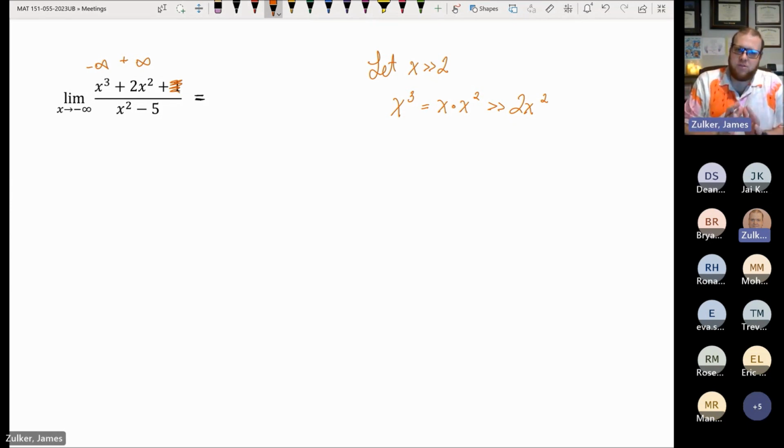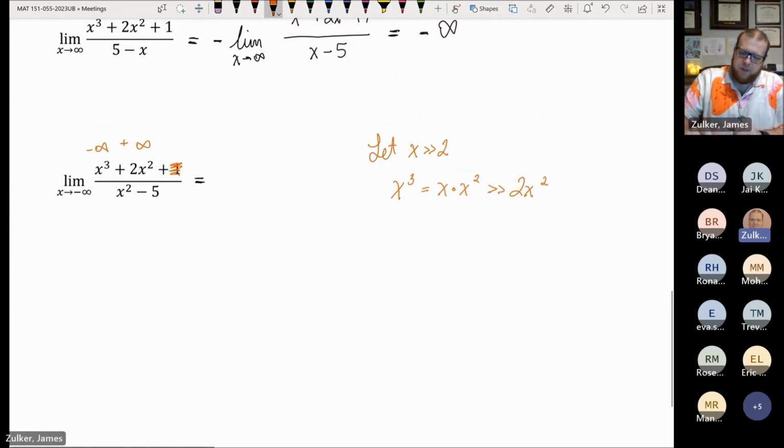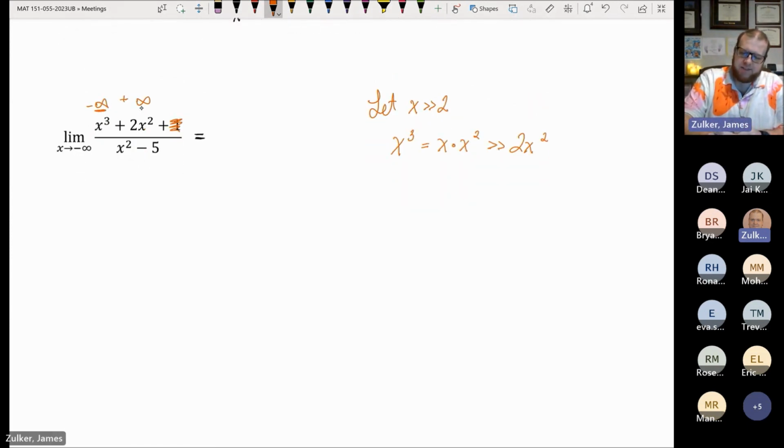So even though we have infinities, you can think of this infinity as being much larger than this infinity, in terms of magnitude. So we have a much larger infinity being multiplied by -1 plus a much smaller infinity. This infinity dominates.